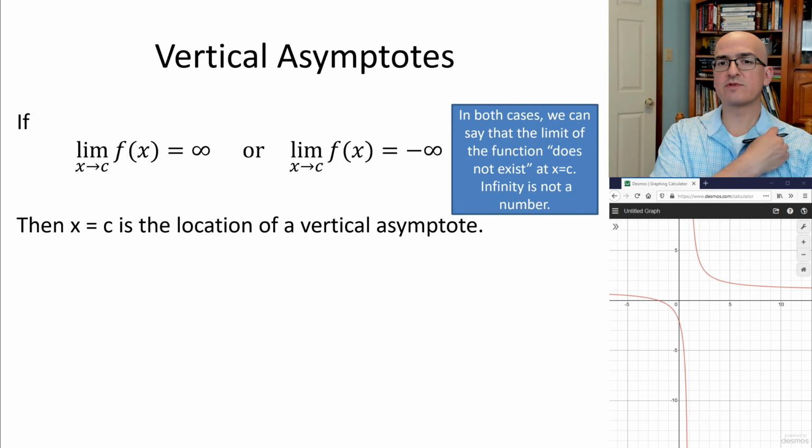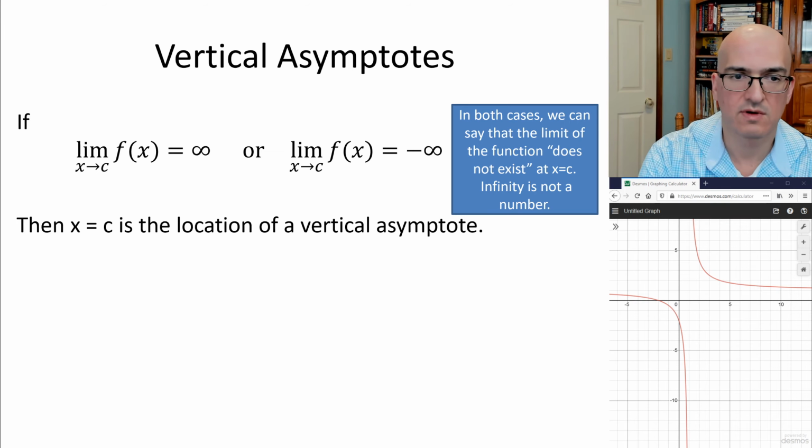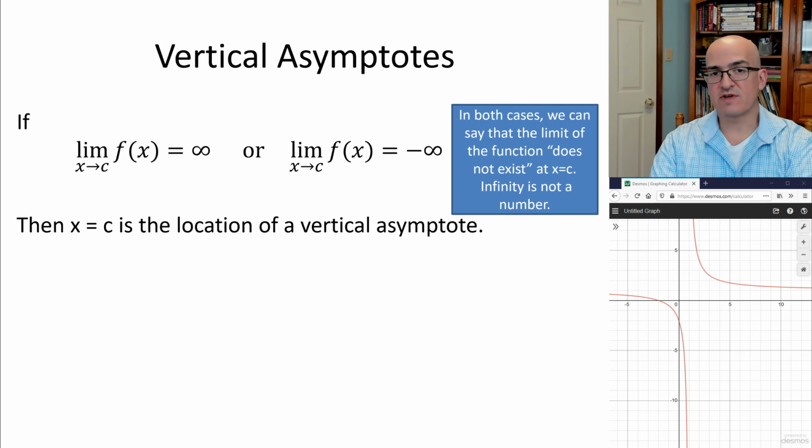So we're going to use this idea of what limits are doing to define vertical asymptote. So this is just recycling the definition we had before. We'll say that the limit as x approaches c of f of x equaling infinity and or minus infinity is the definition of x equals c being a vertical asymptote of f of x.